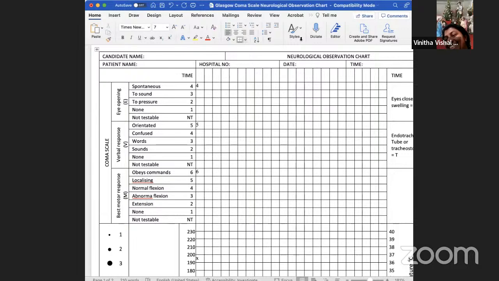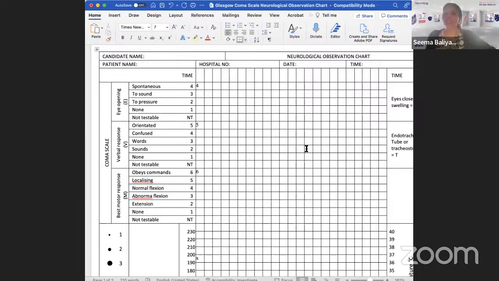Okay, yes? Does that mean we don't have to escalate anything in a coma? In GCS, if the patient is under GCS observation, it is without saying that the monitoring frequency is going to be 15 minutes.